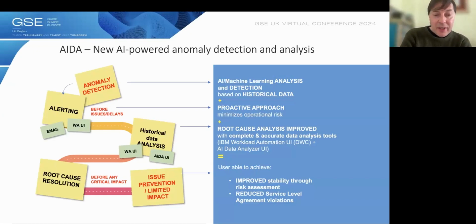Basically, in this way, your operators can be alerted when there is a potential problem, when there is an anomaly detected. Use the dynamic workflow console and the AI Data Advisor UI to analyze the possible issue and perform a root cause resolution and prevent this from being a real problem, or at least limit the impact of this.